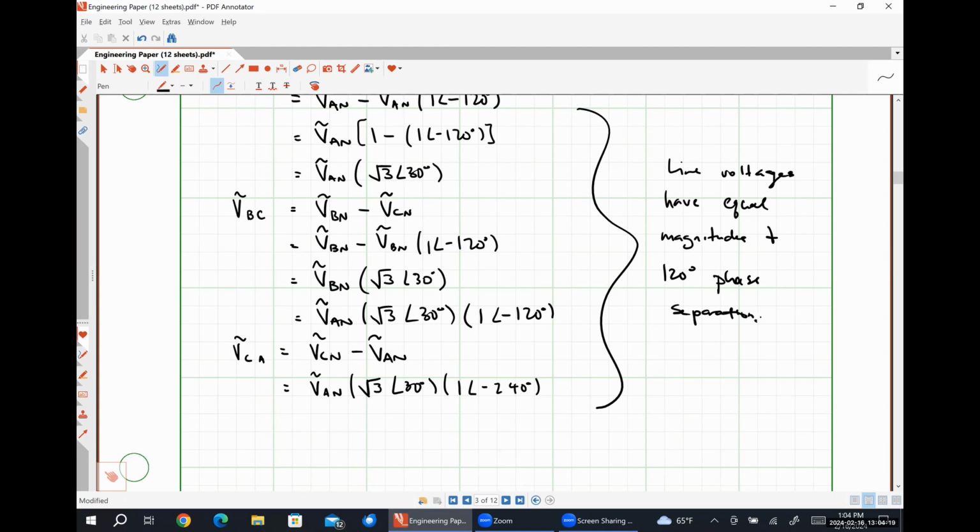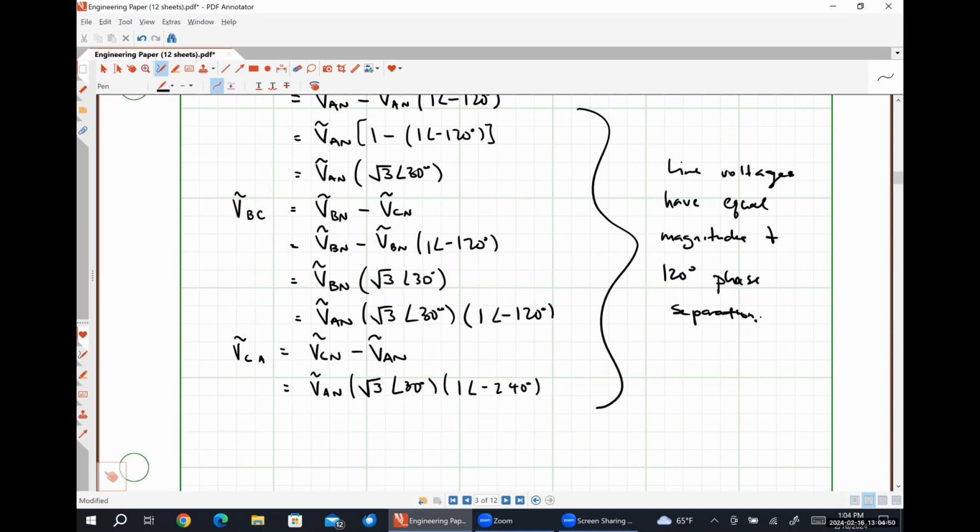So why I'm bringing this up is because realistically, all of our source line voltages will have the same magnitude, 120 degrees of phase separation. All of our load line voltages will have the same magnitude, 120 degrees of phase separation. All of our line currents will have the same magnitude and 120 degrees of phase separation.